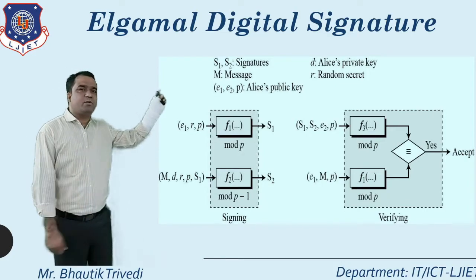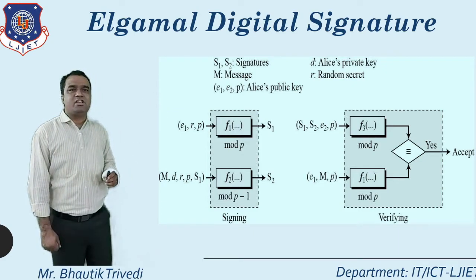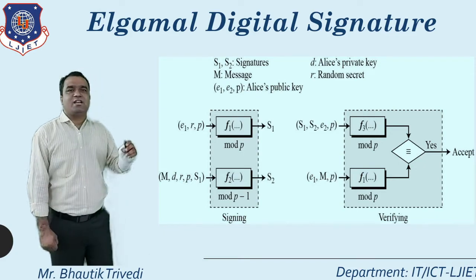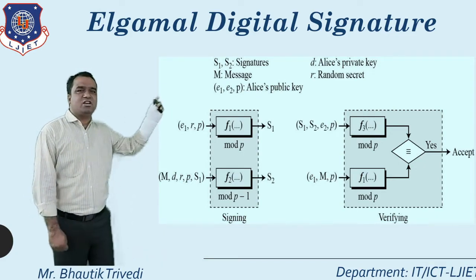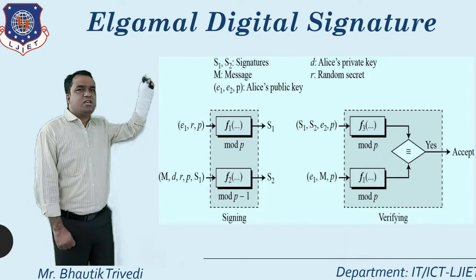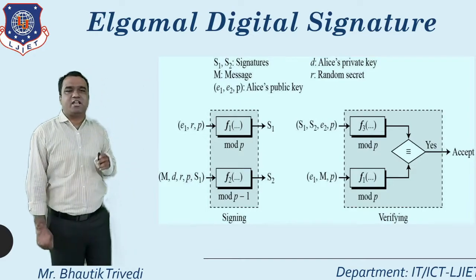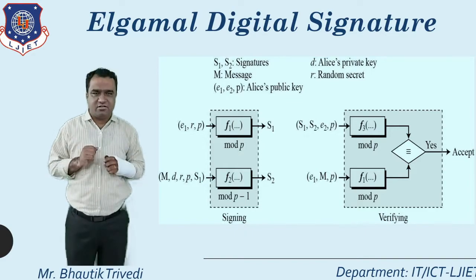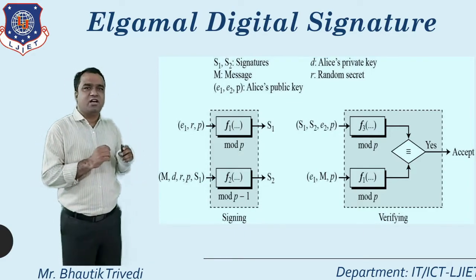After that, an important parameter is E1, E2, P, which is considered the public key. D is the private key, and R is treated as a random secret, meaning any random value.